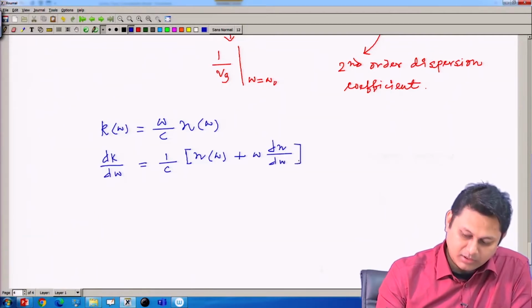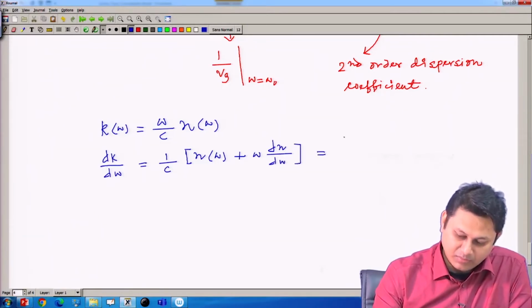In terms of lambda, it is 1 by c times n minus lambda dn d lambda. In the last class, we have already calculated that.